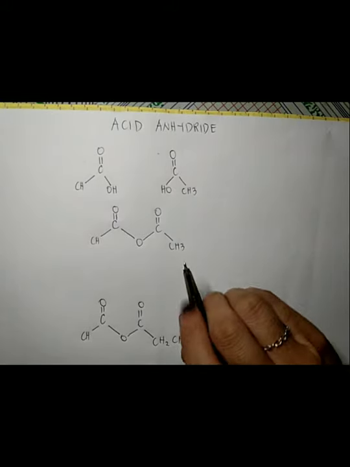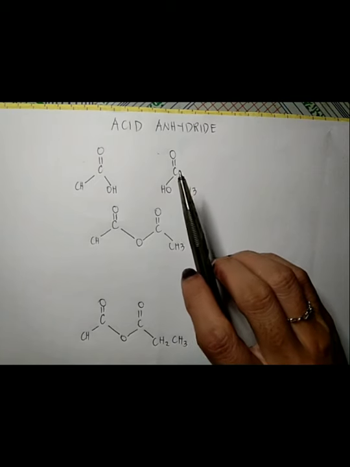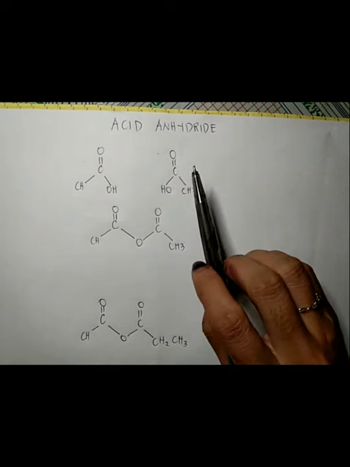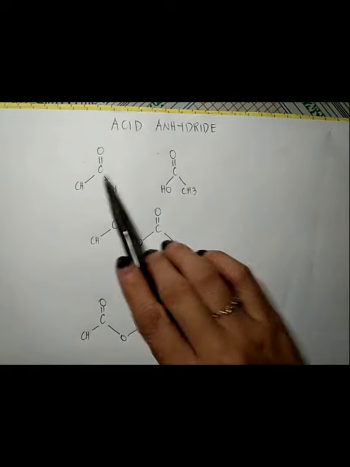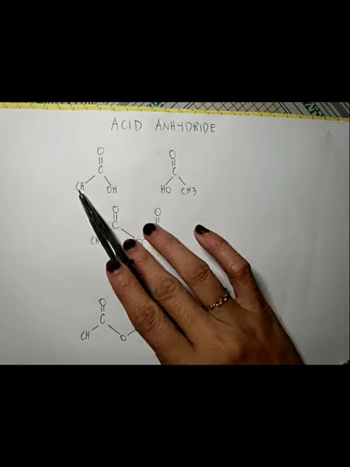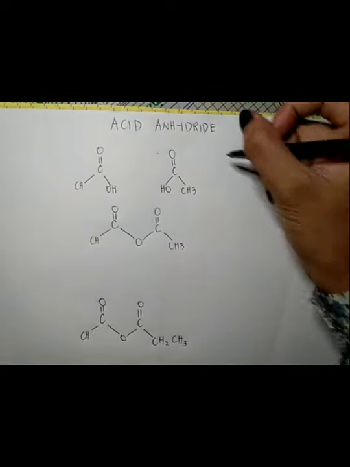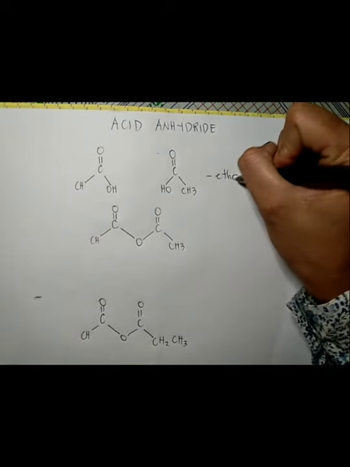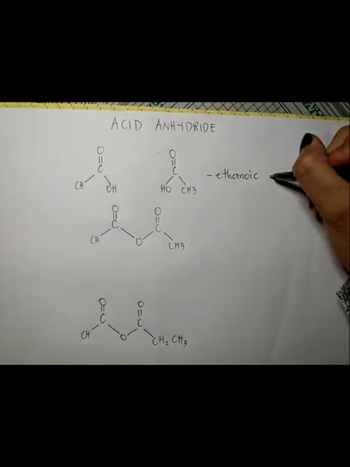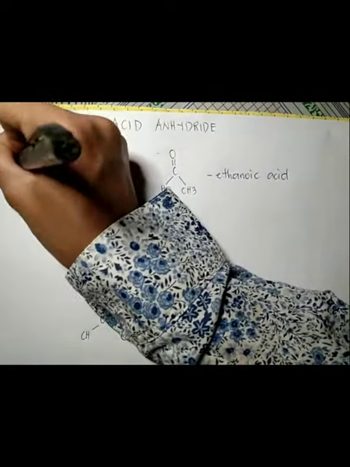The names of acid anhydrides are derived from the original carboxylic acid. This is a carboxylic acid, and this is also a carboxylic acid. The name of this is ethanoic acid, and this is also ethanoic acid.